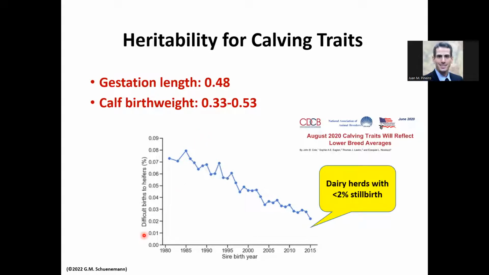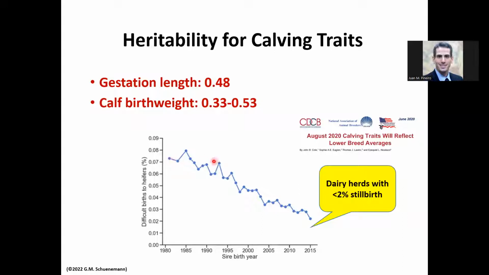This is just to show you the improvement in Holstein cows over the years. This is difficult birth in heifers, and these are just first calf heifers. Here are the years, and this is just to show the improvement that has been made over the years. Back in 1980, we were at about 7 to 8% calving difficulty.